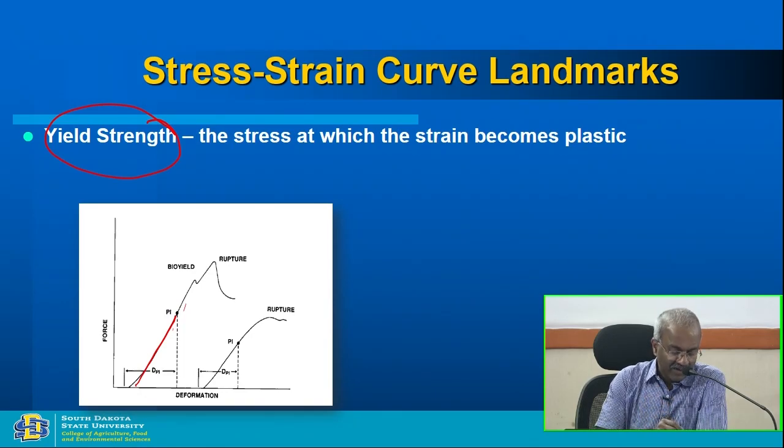Most materials will exhibit this type of transition point, where you can say this is the elastic region and this is the plastic region. So this is elastic, and after this everything is plastic.